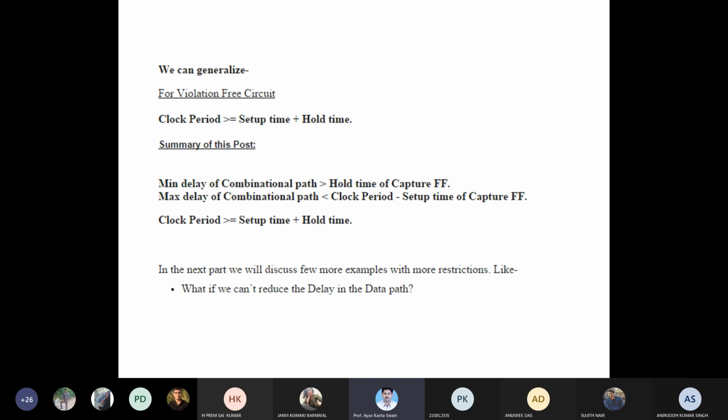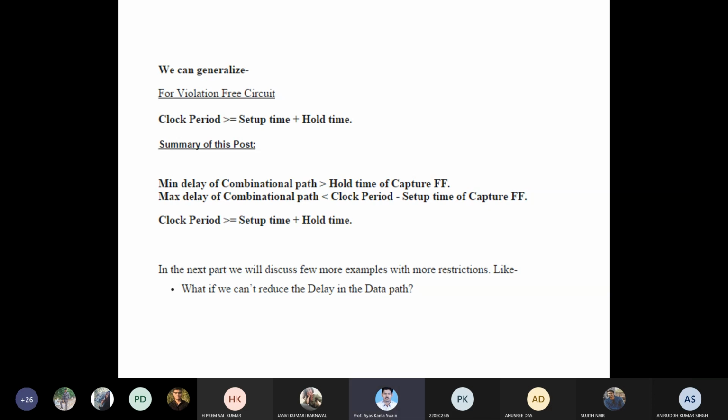Now we conclude. Summarize: clock period must be greater than or equal to setup time plus hold time. So these are the three generalized formulas or summary you need to remember. You can directly see if setup and hold are more than clock, then you can directly say the solution is to increase the clock.